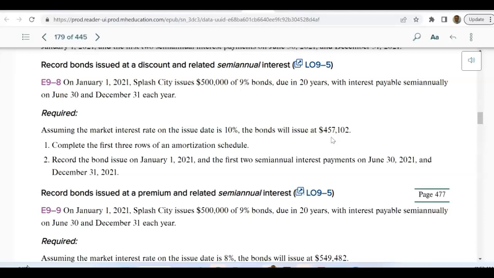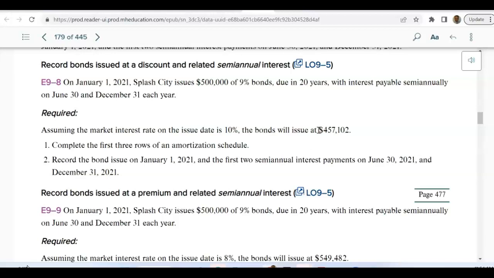So the issuer will offer a discount. Make sense? A discount in order to make it fair, in order to make sure that the bond, at the end of the day, is paying based on the market rate of 10%. Got it? So complete the first 3 rows of an amortization schedule.